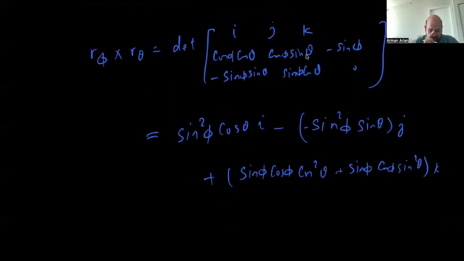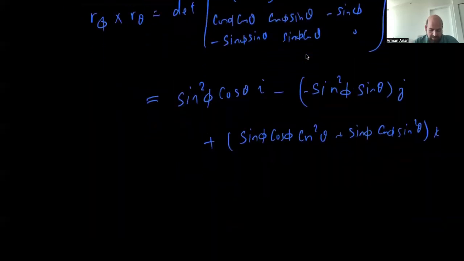Now, if you simplify this, we'll get sine squared phi cos theta i plus sine squared phi sine theta j.